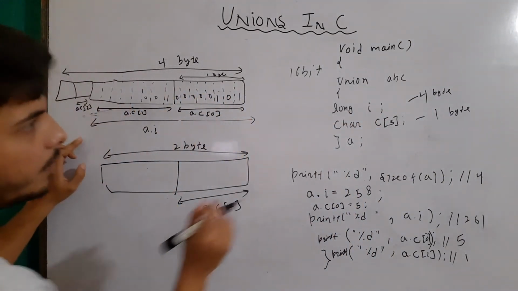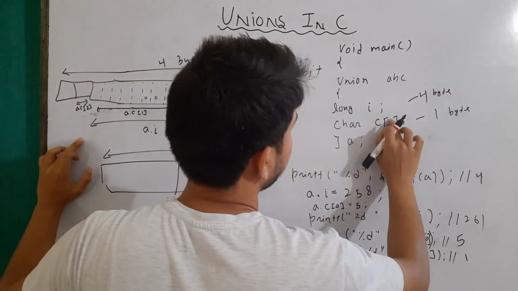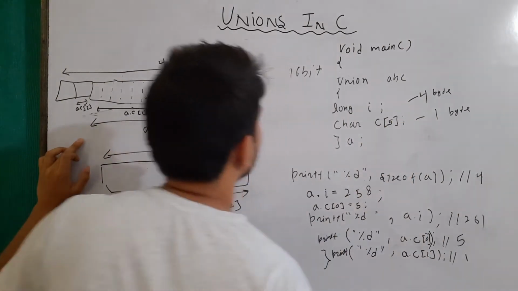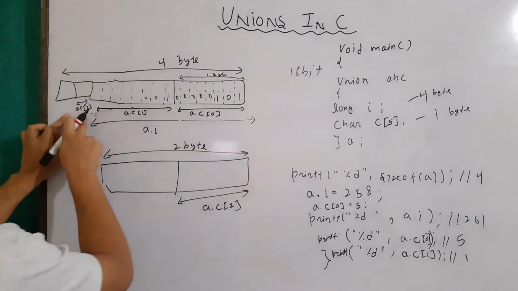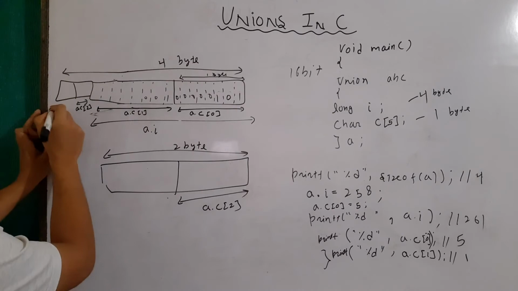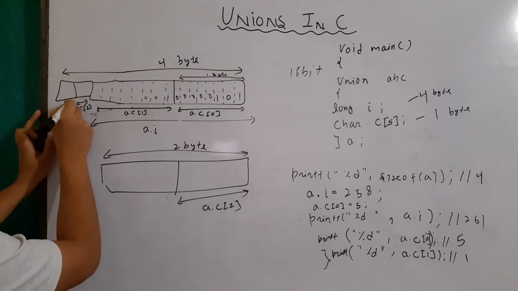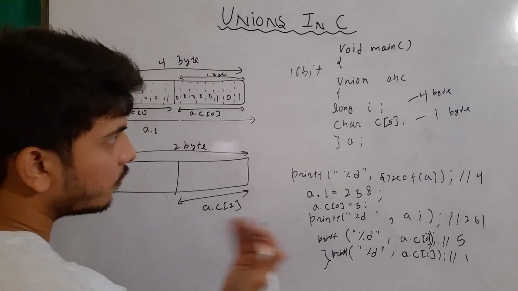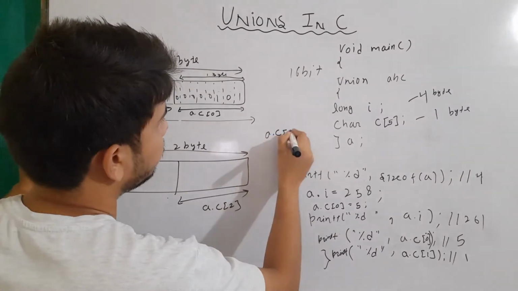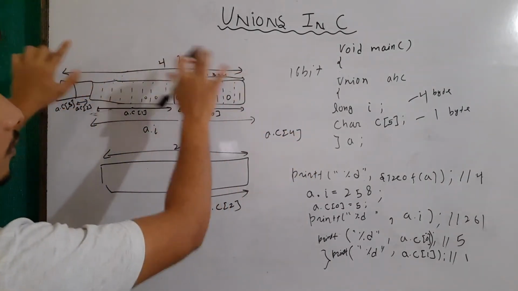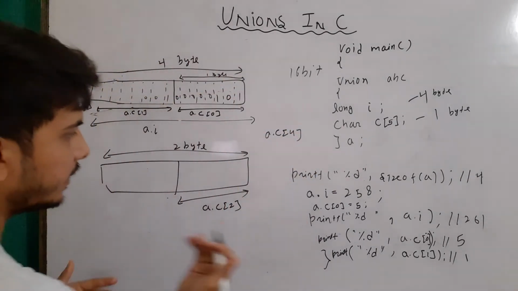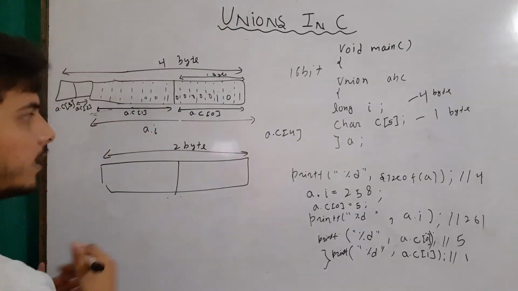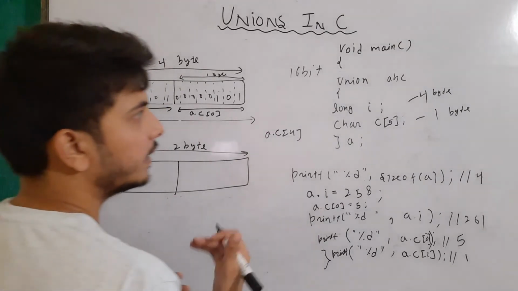Okay, for example, again if I write here, let's say 5. So a.c2 could be used here, a.c3 could be used here, but for a.c4, these 4 bytes of memory are not enough, so an additional block of memory will be used again. Now what will be the size of the additional block of memory?